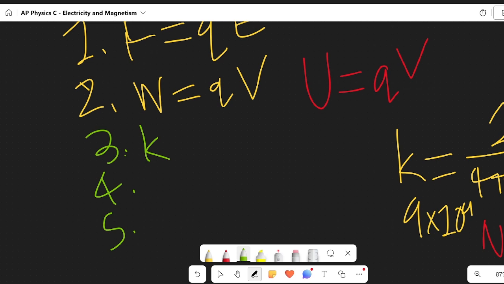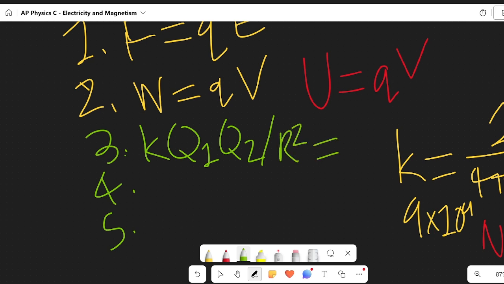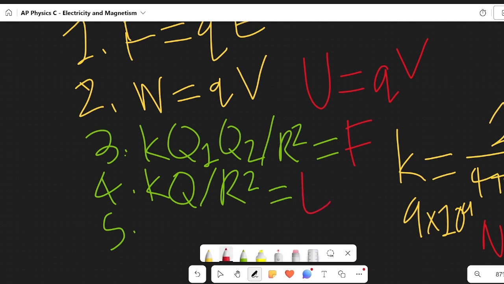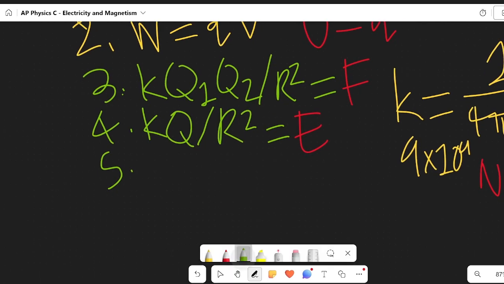Using this k, let's define Coulomb's law simply as k q1 q2 divided by r squared, which is equal to force. There's our force equation for Coulomb's law. Then kq divided by r squared is our electric field equation.